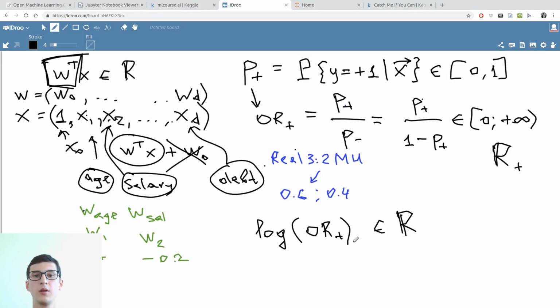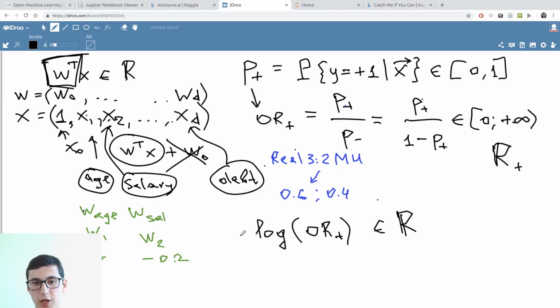Okay, so if odds ratio is non-negative, then we can calculate its logarithm. It's going to be a real number. Okay, there might be some problems if odds ratio is equal to 0. So if predicted probability is just 0, then we'll have logarithm of 0. But if we just define that logarithm of 0 is minus infinity, then it's okay.